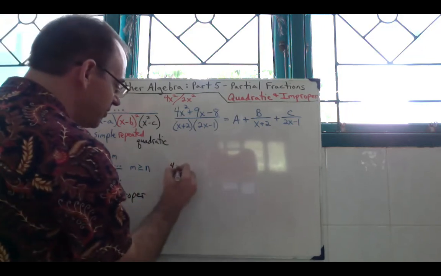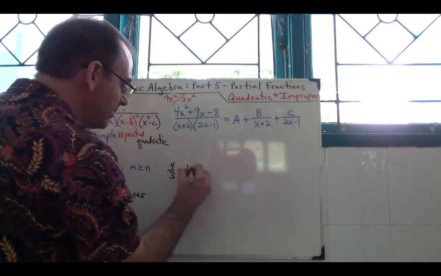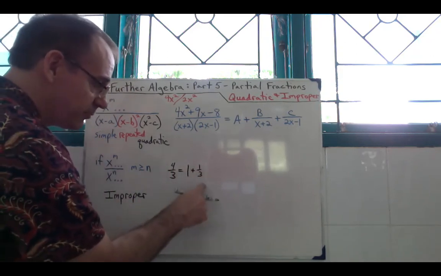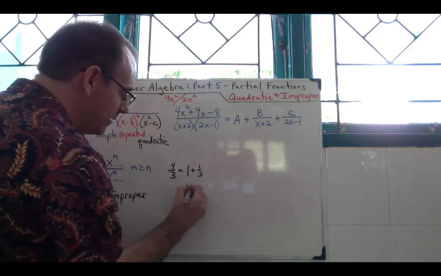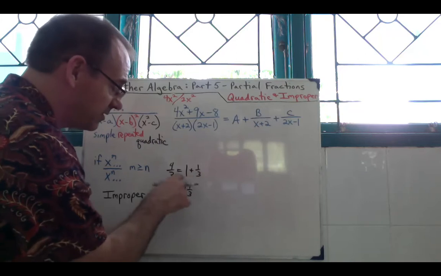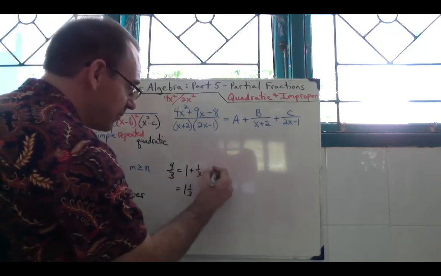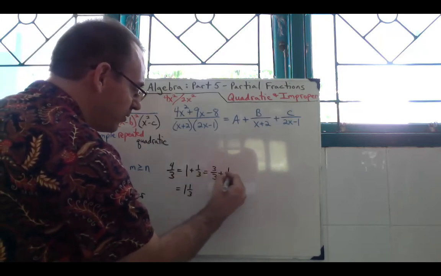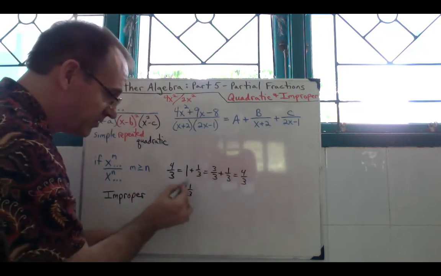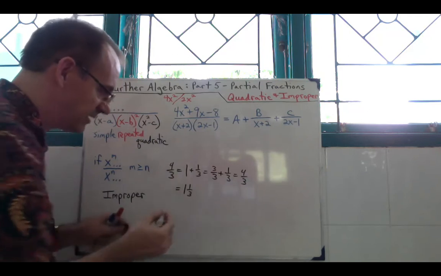You know that this turns into 1 and 1/3. But we don't usually write it that way. We put 1 and 1/3 like this, okay? But this is the same thing. This is 3 over 3 plus 1 over 3, which equals 4 over 3. But we write a mixed number like this, not like this.